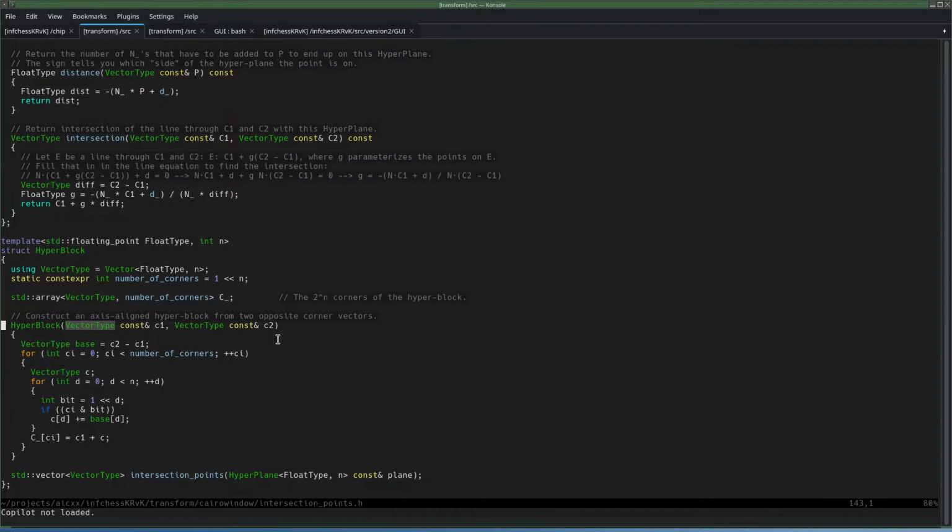So yeah, 0 is the x direction. Now we just run over all the corners in whatever index they have.